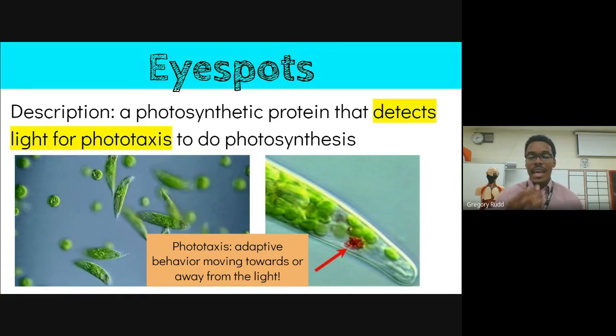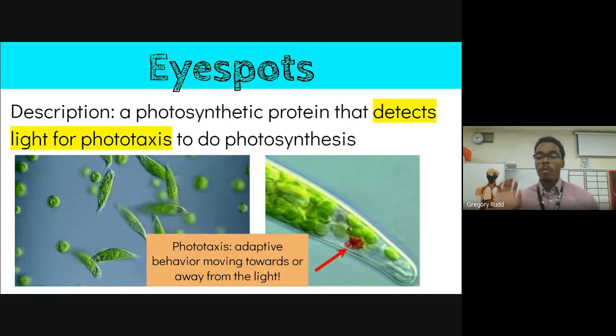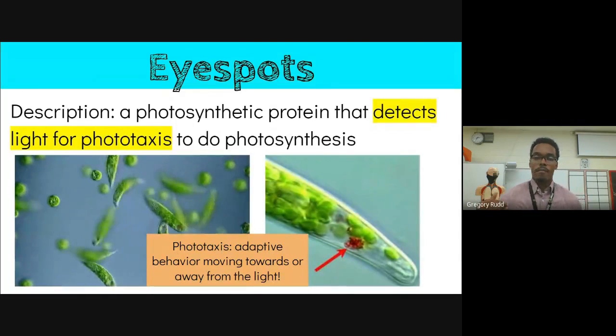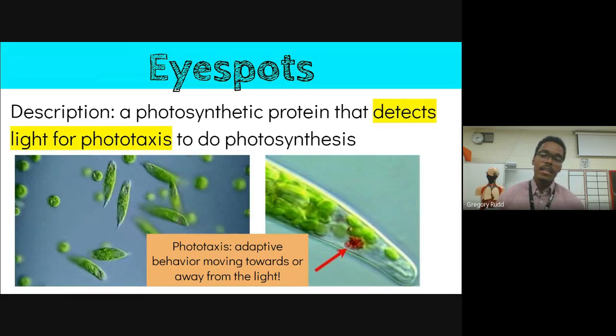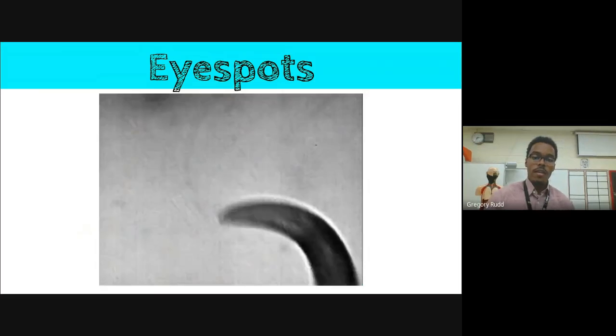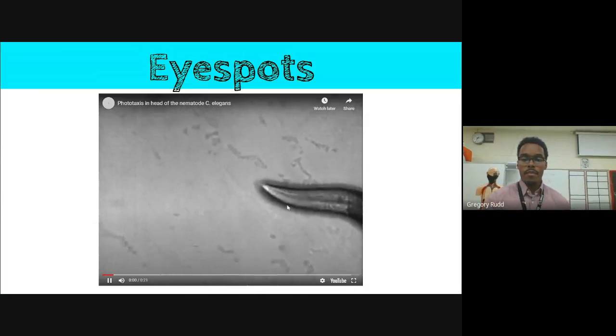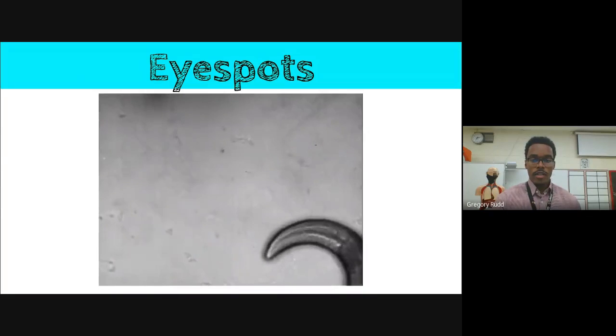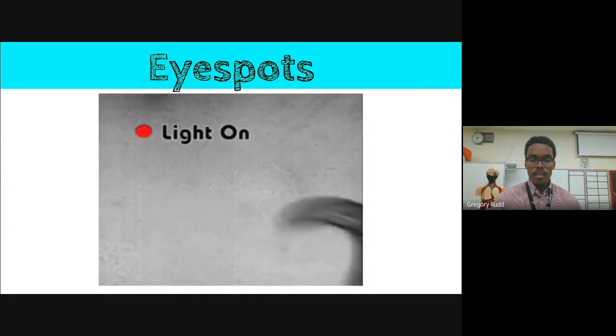So some organisms like the light, and so they'll move towards it. And some of them don't like light, so they'll move away from it. And these eye spots are what allow the organisms to detect light. So here's a good video illustrating that. You're going to see the light turn on and see how it backs away.